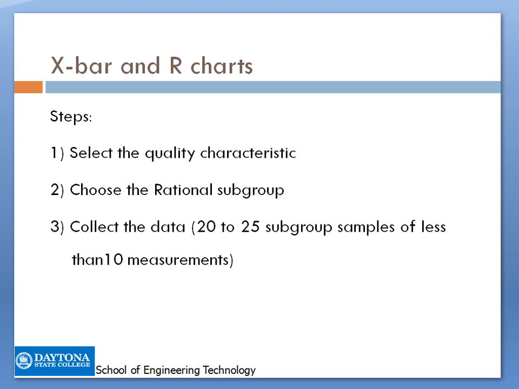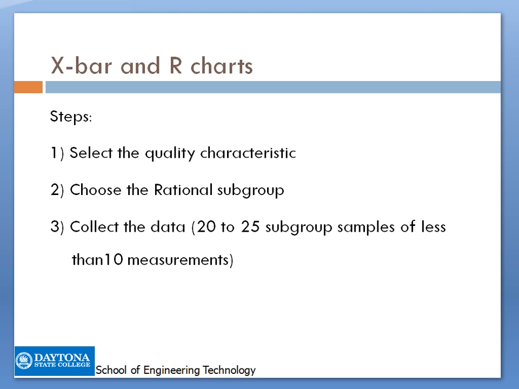So once you have this quality characteristic, which you know is the one that is affecting the performance of the product or service, you now need to choose the rational subgroup. As I mentioned before, a control chart consists of a group of items, and these items are called rational subgroup.